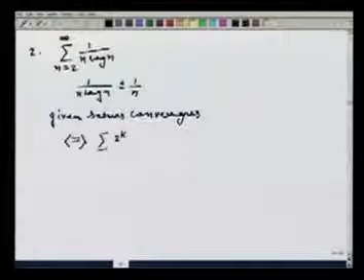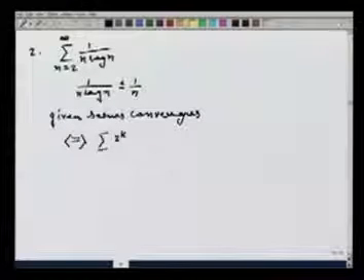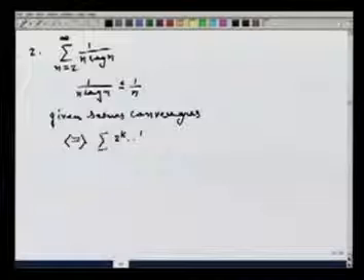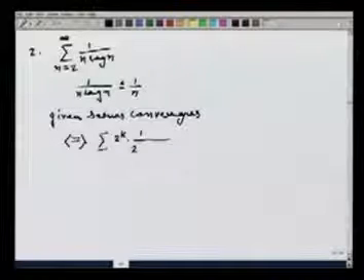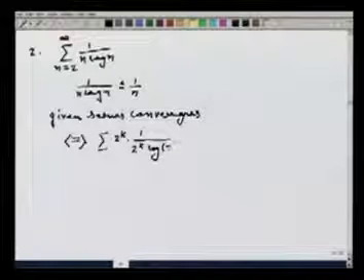But what is a n here? Here a n is 1 by n log n. So a 2 to the power k is 1 by 2 to the power k log 2 to the power k.